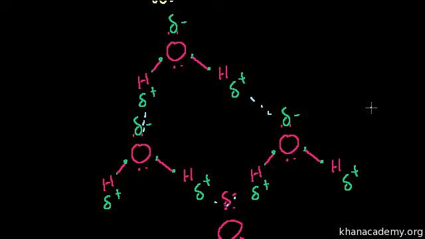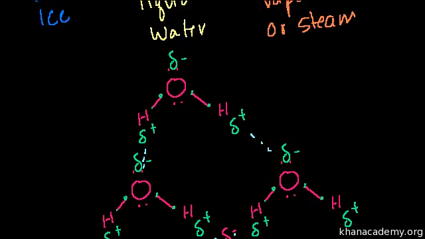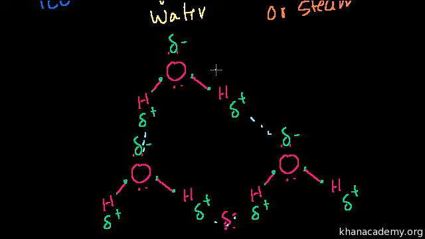I could draw a gazillion more, but I think you get the point that we're forming this kind of fixed structure. And while we're in the solid state, as we add kinetic energy, as we add heat, what it does to the molecules is it just makes them vibrate around a little bit. So the kinetic energy just makes these, if I was a cartoonist, the way you'd draw a vibration is put little quotation marks there. That's not very scientific. But they would vibrate around.